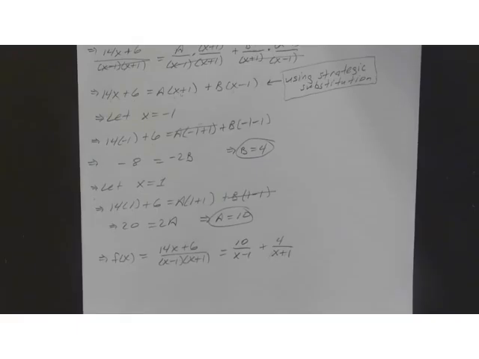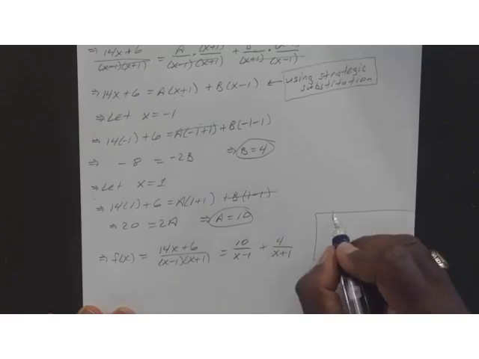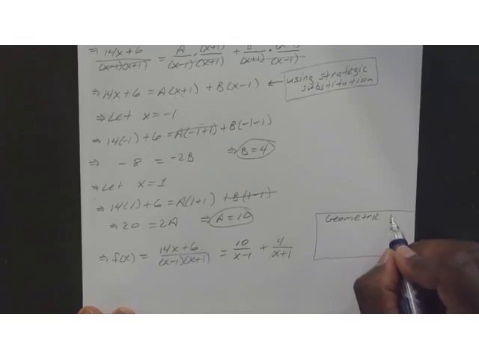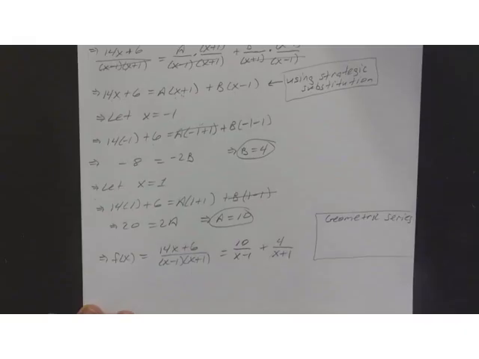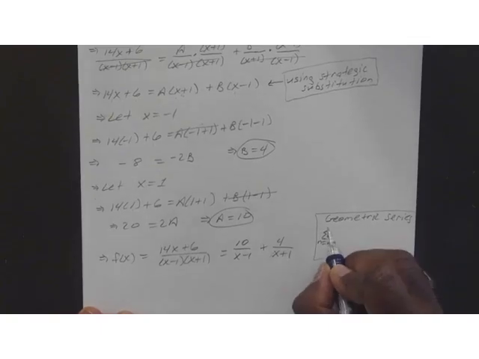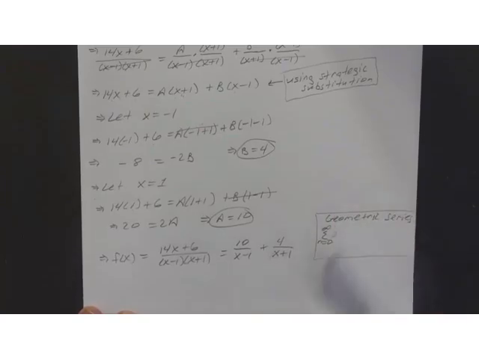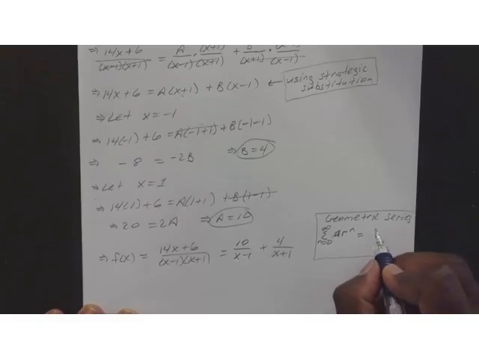So we have to convert both of those functions to their own personal power series. And we're going to go to Old Faithful, the geometric series, for that one. So we know that the sum from n equals 0 to infinity of a times r to the power of n, we know when it converges that the sum is equal to a over 1 minus r.